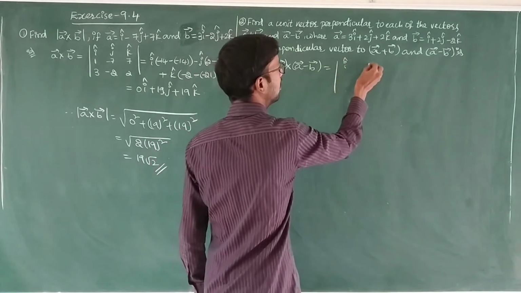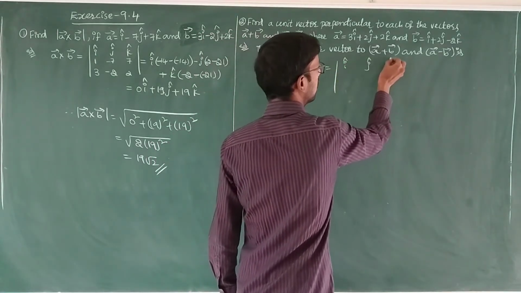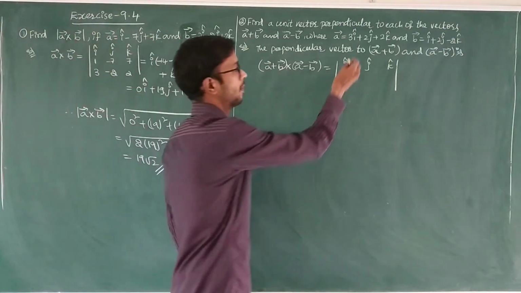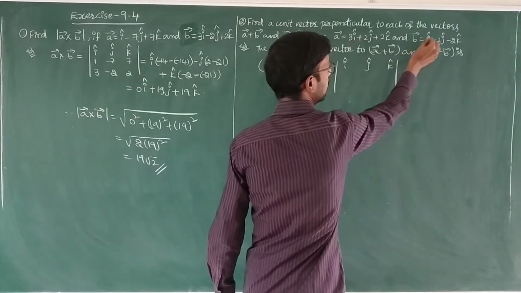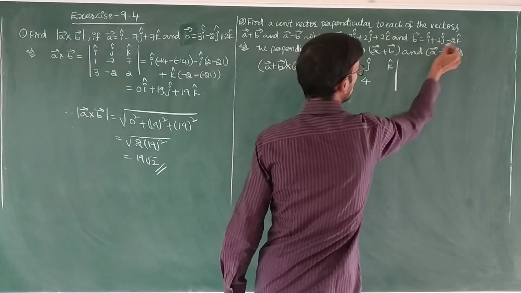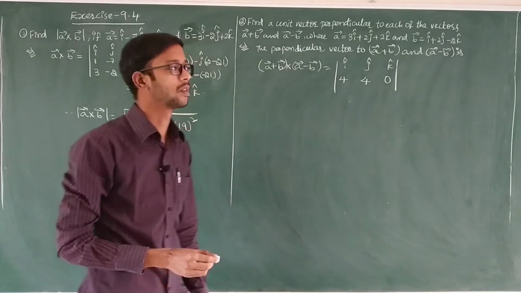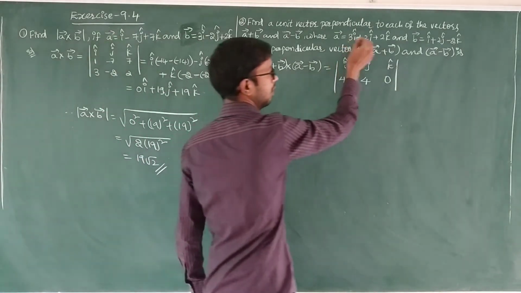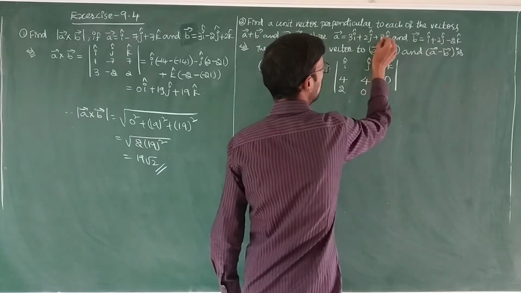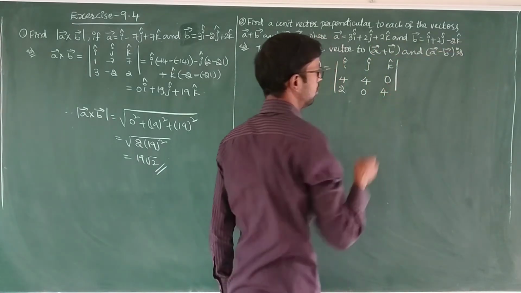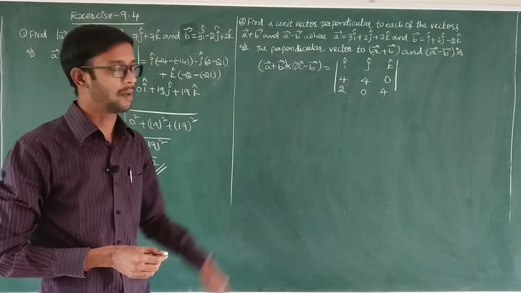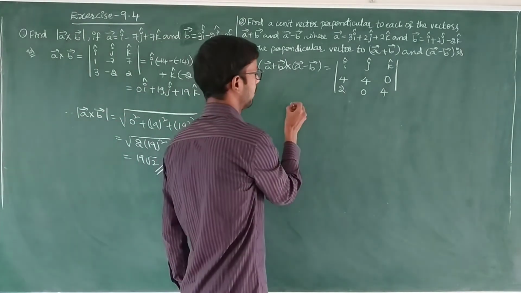I cap, J cap, K cap. So what is A bar plus B bar? The coefficients are 3 plus 1, 4; 2 plus 2, 4; 2 minus 2, 0. Next, subtraction: 3 minus 1, 2; 2 minus 2, 0; 2 minus of minus, plus 2, 4. Now you can simplify this.